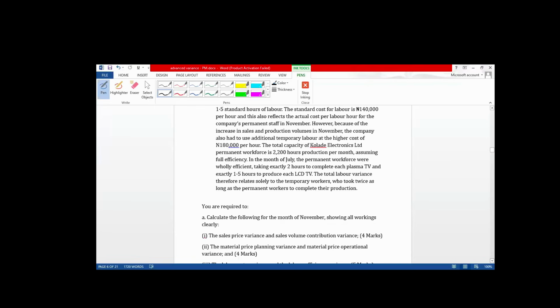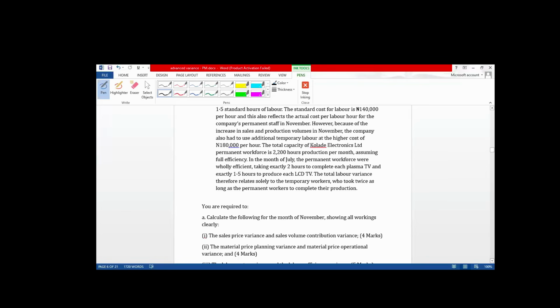Calculate for the month of November, showing all workings clearly, the sales price variance and the sales volume contribution variance. Now ask yourself, we calculated this yesterday. If I want to calculate sales price variance, what is the formula?